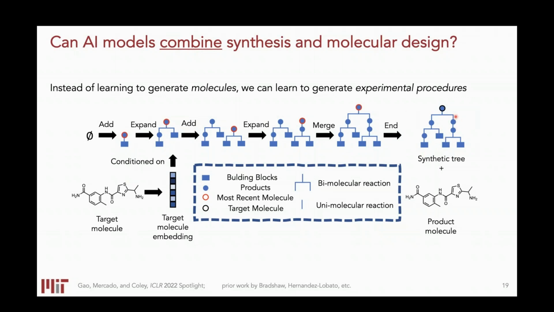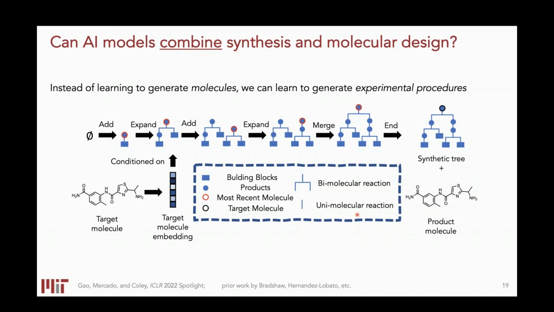The synthetic tree is a synthetic route. It corresponds to a particular product of interest. And so, end to end, what this looks like is a model that takes some conditional code, some embedding of the target, and proposes a new product molecule. But in doing so, it's had to propose a synthetic route, and so that means we know how to make the molecule.